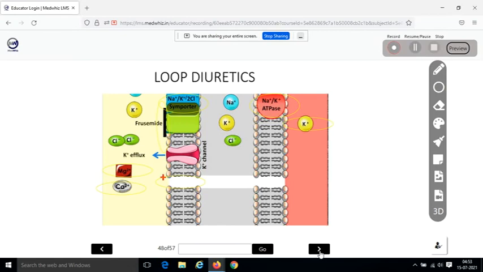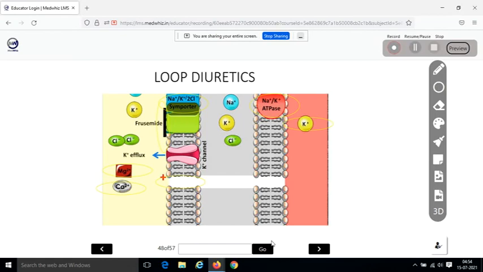What is the reason? Defects in the secretory component of its clearance result from simultaneous administration of indomethacin or probenecid, which compete with the secretion and inhibit weak acid secretion in the proximal tubule. Okay, so concurrent administration should be avoided.